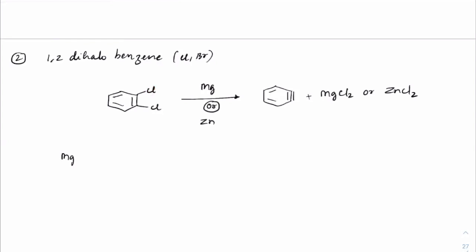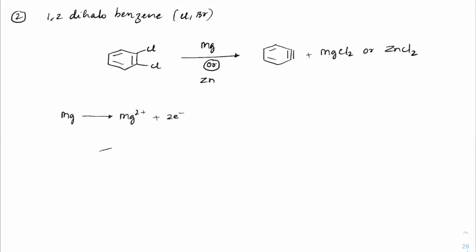Think this way, that magnesium or zinc, I'll take one case, is giving electrons. As electrons approach towards benzene, we have chlorine and chlorine here.